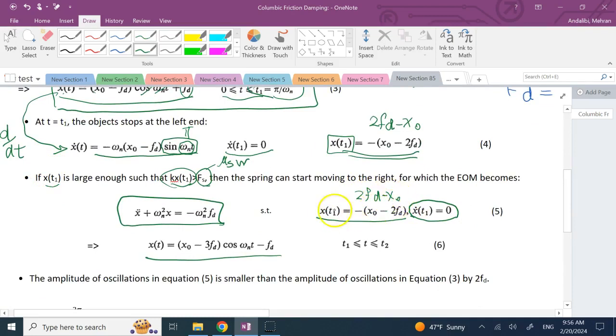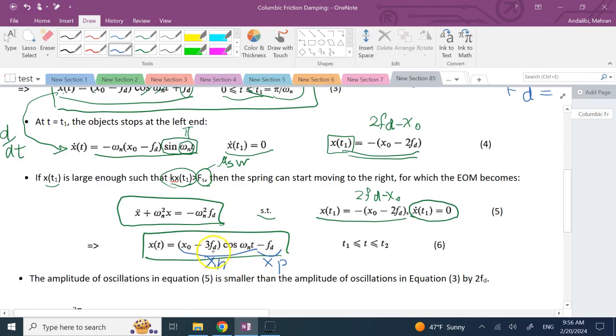So this is the new initial displacement, and that is the new initial velocity, and this is your governing ODE. If you solve this subjected to those two initial conditions, the solution becomes this. Again, it has a homogeneous solution, this part, and it has a particular solution, which is this part.